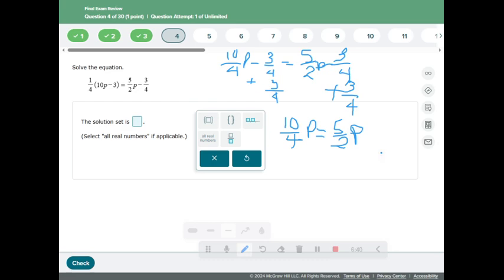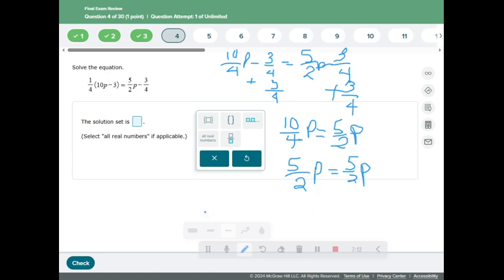Well, how about this? If we reduce this fraction to its smallest, divide both by 2, 10 divided by 2 equals 5, and 4 divided by 2 equals 2, and now we have 5/2 P is equal to 5/2 P. That's pretty nice, because this is a true statement.